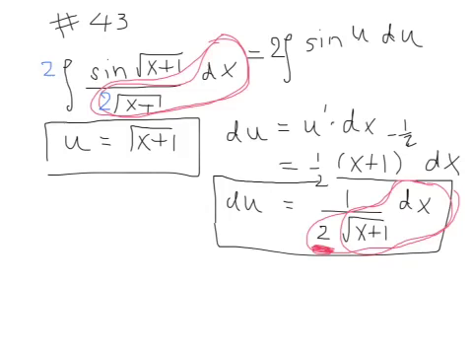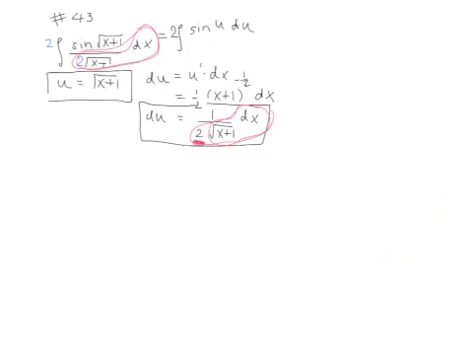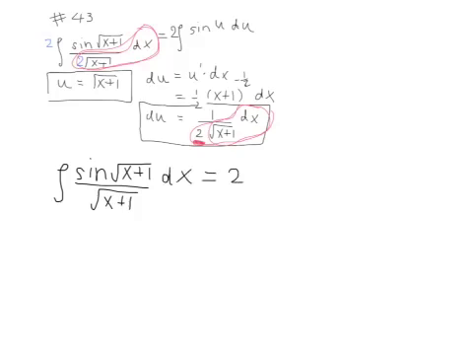Okay, so here is what we have so far. I'm just going to write down the original integral: the integral of sine of square root of x plus 1 divided by square root of x plus 1 dx is 2 times the integral of sine of u du.